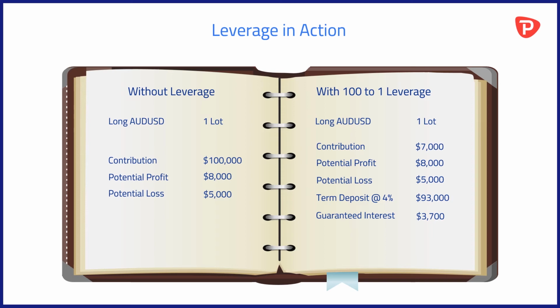This makes the total risk on the trade $1,300 for a potential reward of $11,700, which is made up of the $8,000 the trader would make from reaching the take profit target on the trade and the $3,700 they're going to receive in interest. Now, these calculations have not factored in brokerage or any fees, but are simply designed to illustrate the power of leverage when used correctly.